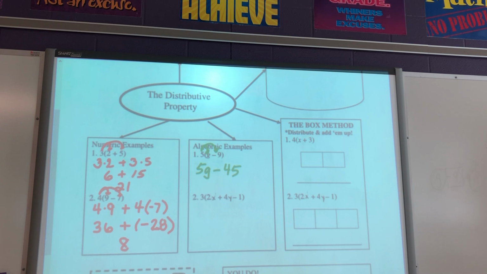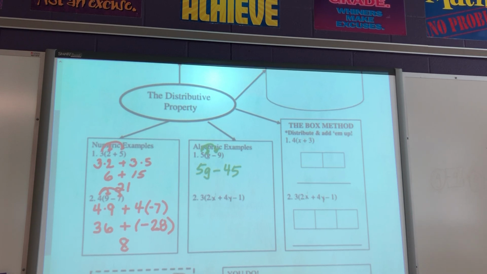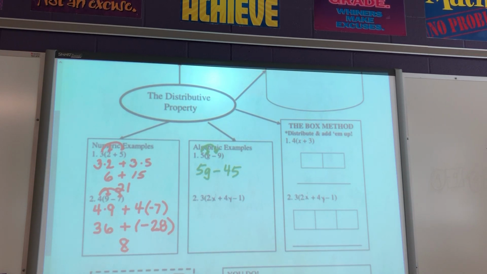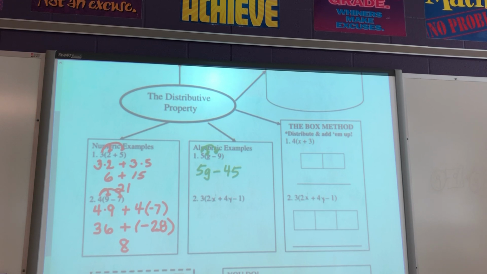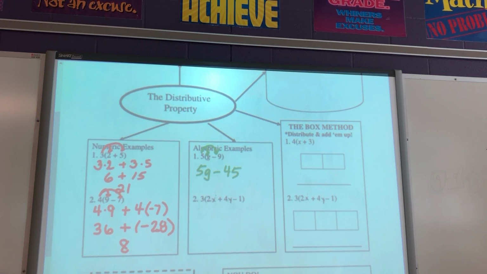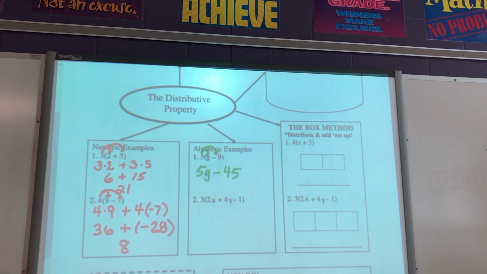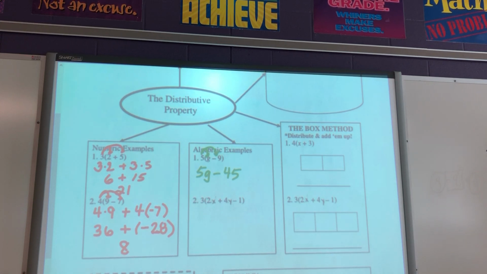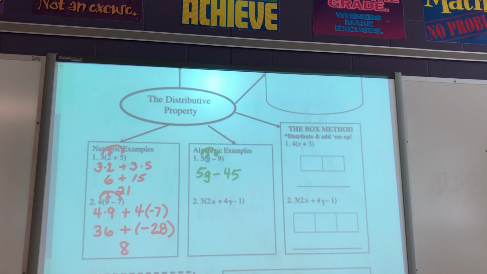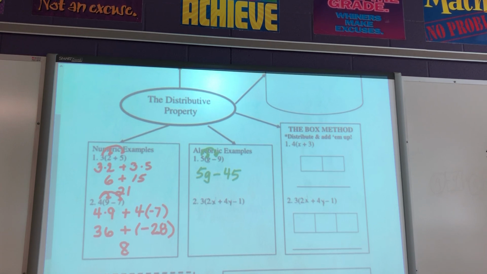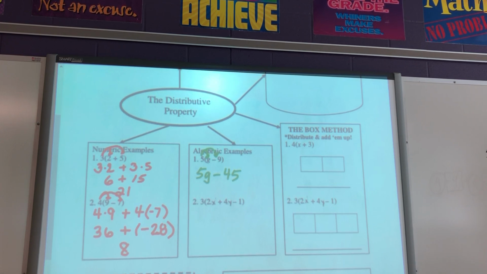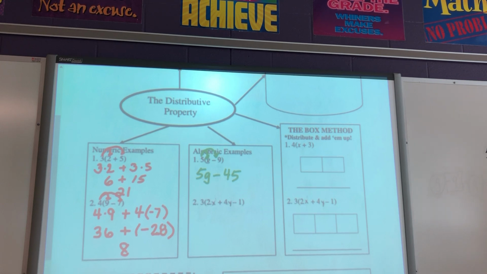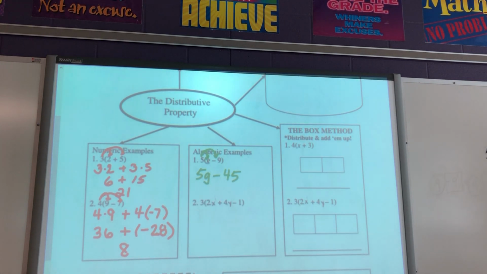So 5 groups of 9, so it's 9 plus 9 plus 9 plus 9 plus 9, right? Or they had you draw an array. Right? Here's our 1 group of 9, 2 groups, 3 groups, 4 groups, 5 groups, right? How am I going to draw this as an array?